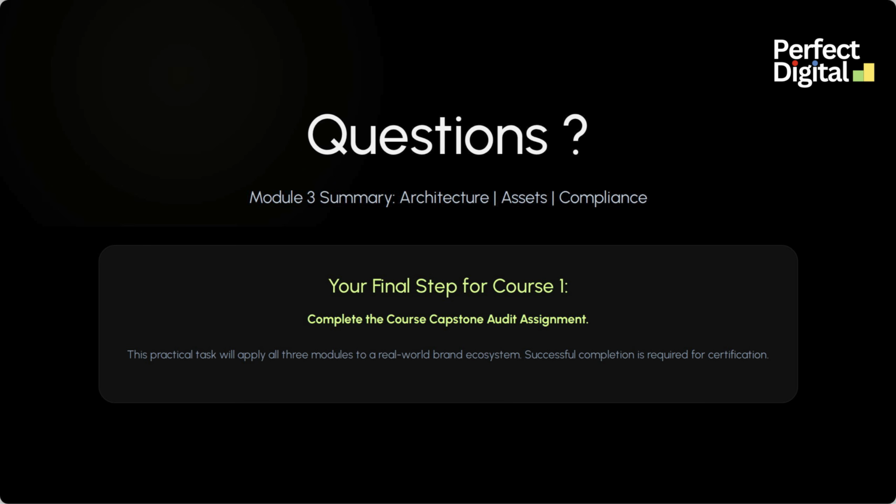In summary, this module has given you a complete operational blueprint covering strategic website architecture, media asset classification, and international compliance standards. Now, let's transition this knowledge directly into measurable results.